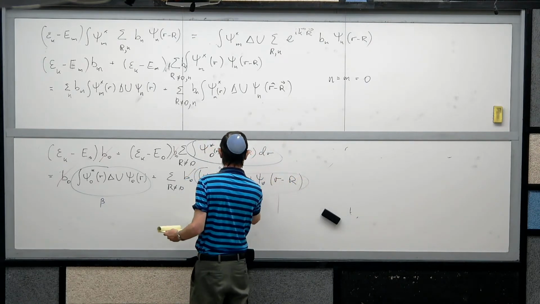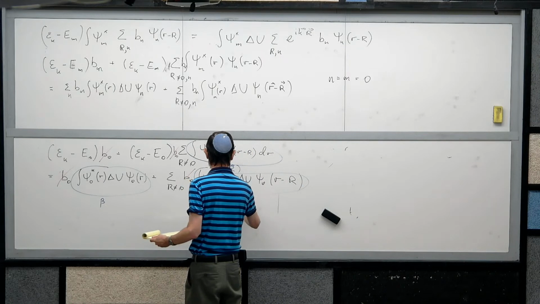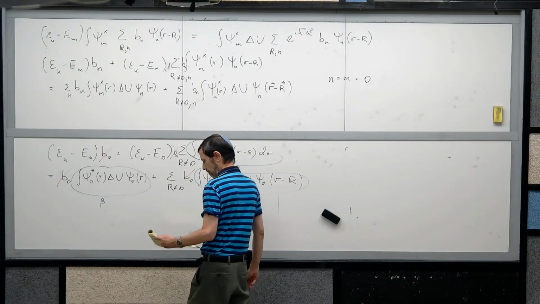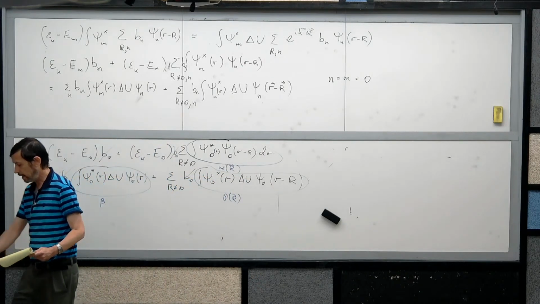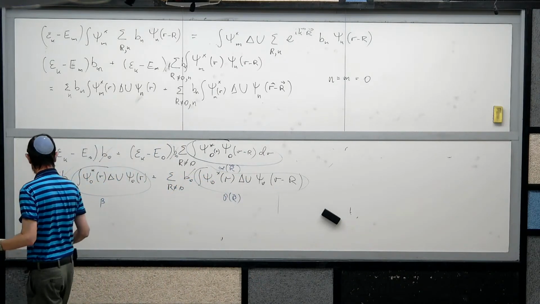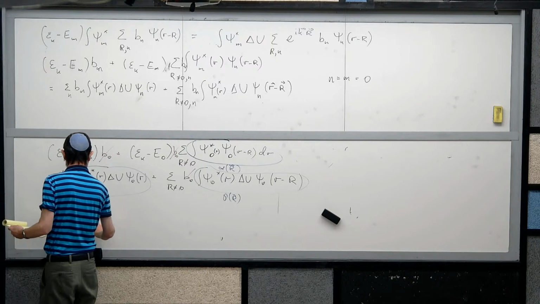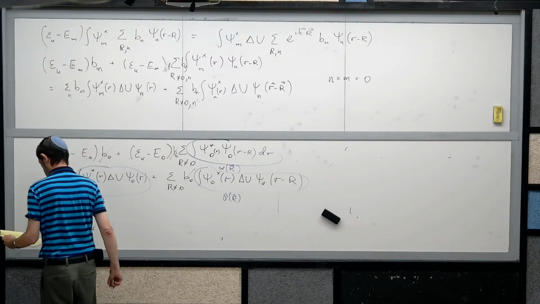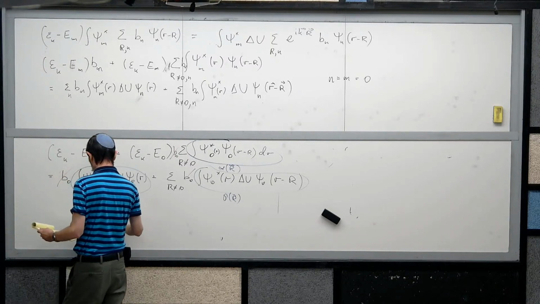Some form, call it gamma of R. So I can now rewrite the result for EK.